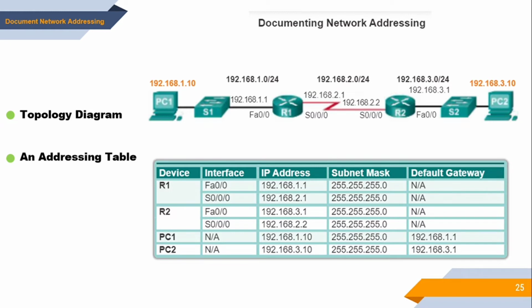A topology diagram provides a visual reference that indicates the physical connectivity and logical layer 3 addressing, often created using software such as Microsoft Visio. An addressing table captures device names, interfaces, IPv4 addresses, subnet masks, and default gateway addresses.